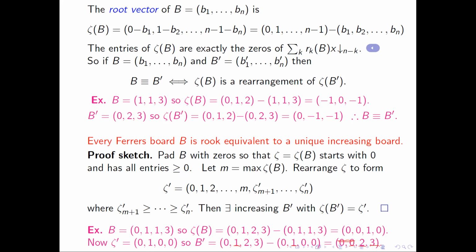The real board is sitting right here. But we get our B prime, which we knew we had to do. We had already checked that this thing is board equivalent and that it's an increasing board. So we have this constructive way of getting this. How cool is that? Okay, so we get our board 2, 3 right there.